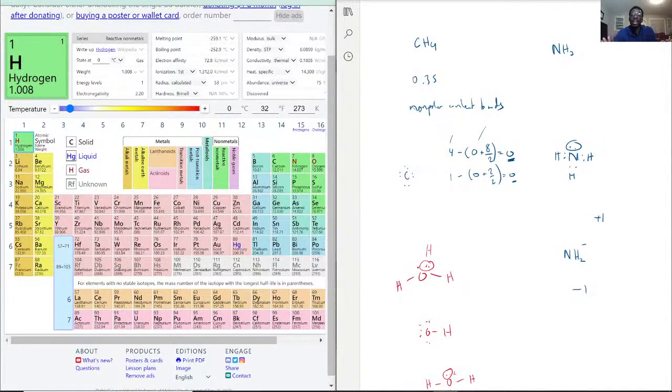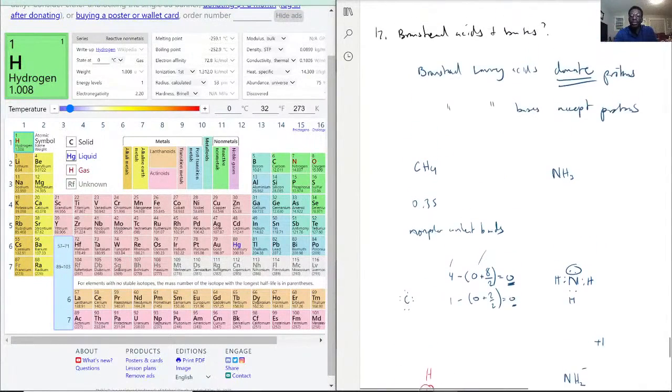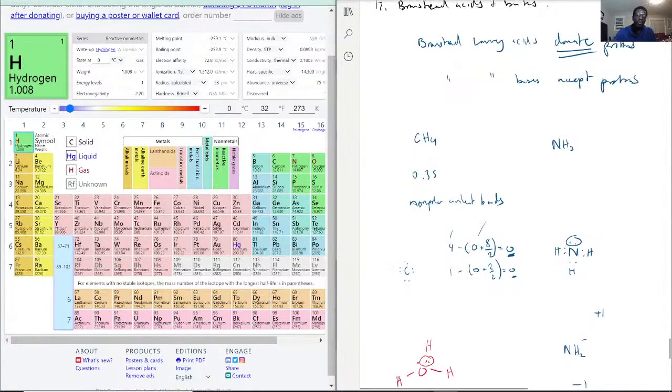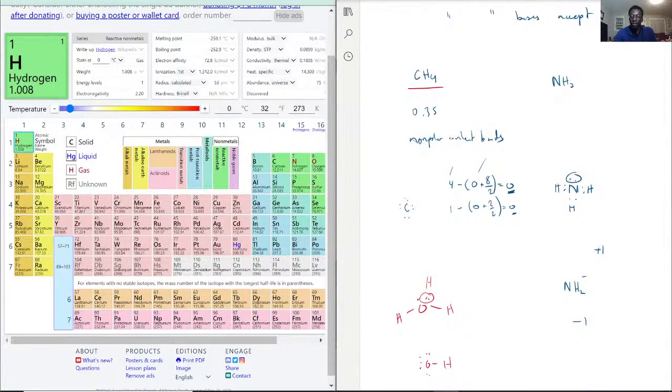But on the flip side, you also have to be really careful about which hydrogen you're trying to give away. Like for example, in methane, those hydrogens are staying. You're not going to be able to make carbon give away one of those. Okay, for ammonia, same thing. Those hydrogens are staying.